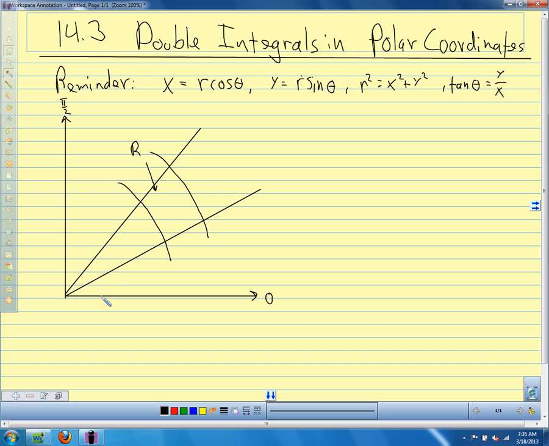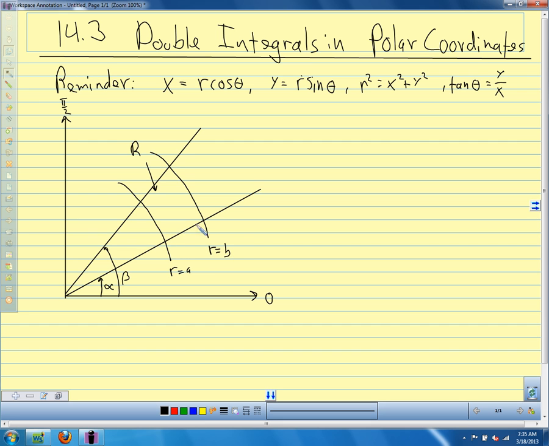And we're going from theta equals alpha to theta equals beta. We'll say this is r equals a, and this is r equals b.